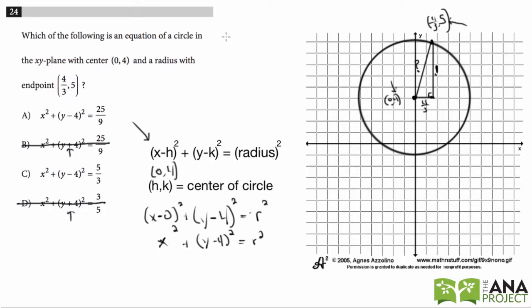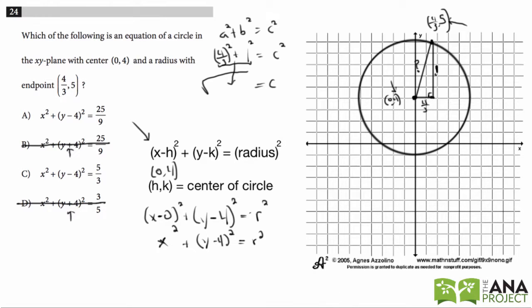So we can use the Pythagorean Theorem: a squared plus b squared equals c squared. I'm going to take this side, 4/3 squared plus 1 squared. Then in order to get c, we'd have to take the square root of whatever this is in order to get the radius.